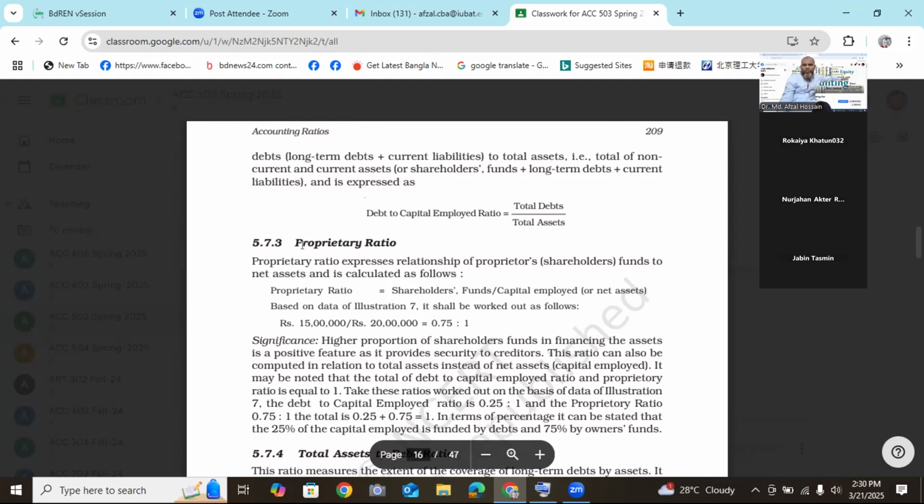The third one is the proprietary ratio. What is the formula of the proprietary ratio? Shareholders' funds divided by capital employed or net asset. How to calculate net asset?